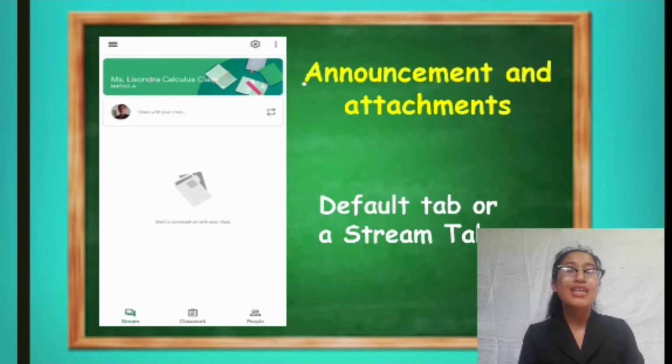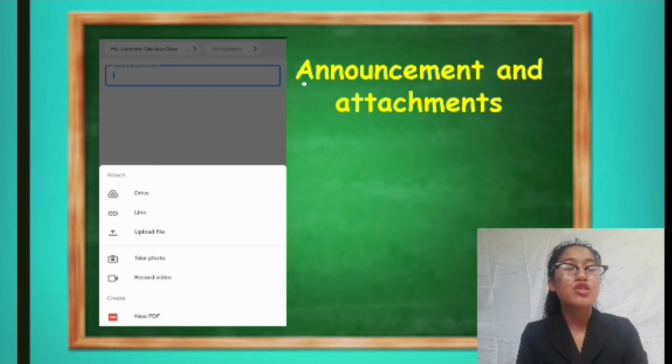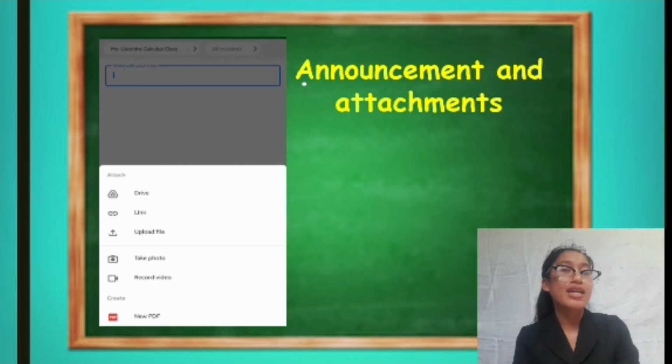Just click that and you will be directed to this feature, where you type your announcement to your students. Once you have posted an announcement, your students will see it. You can also add an attachment to your post through Google Drive, through a link, by uploading a file from your mobile phone, or through a recorded video or a photo.